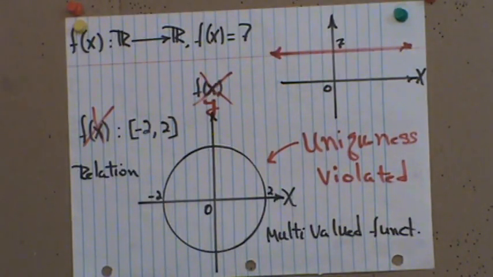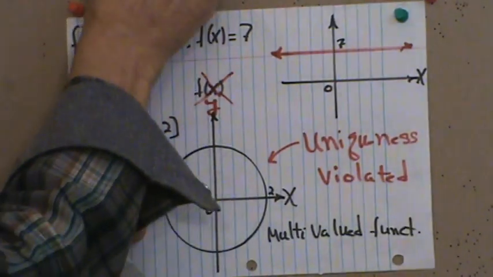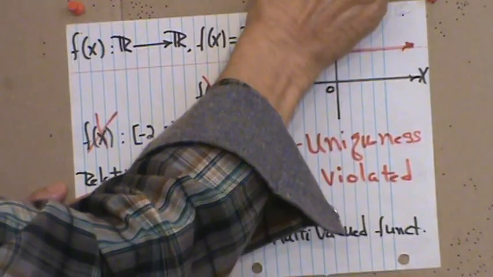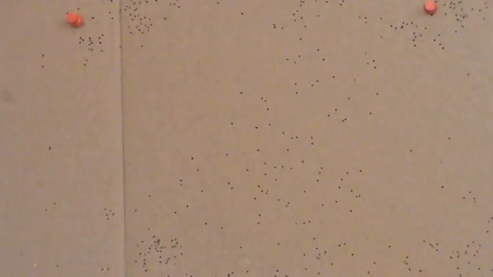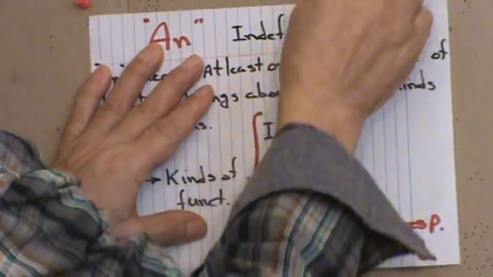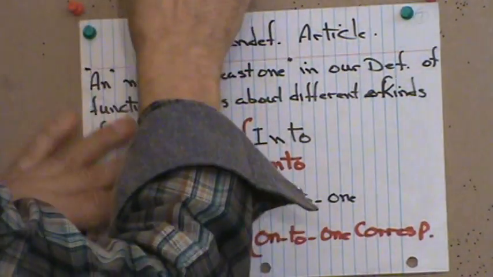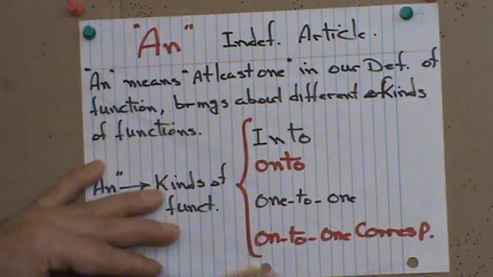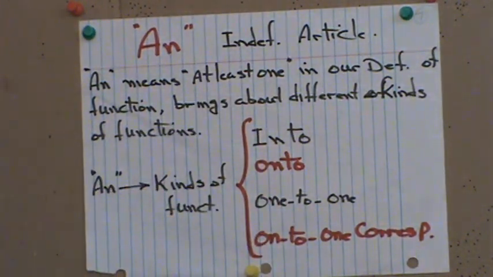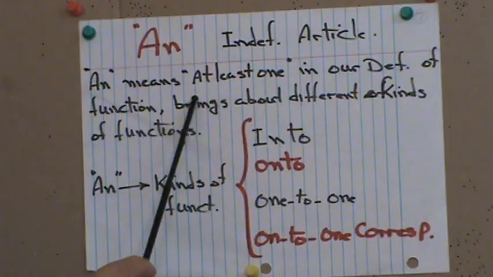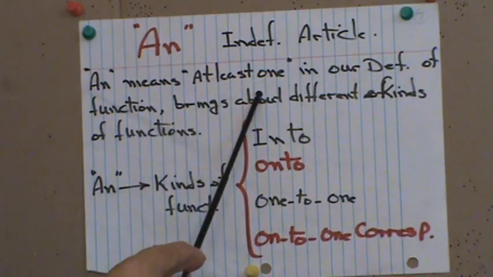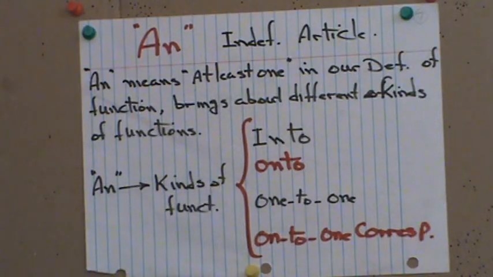Now let's look to see what the word "and" means, how we expand the word "and" in that definition. Indefinite article "and." What role does that one play? I have written like that. So, "and" means at least one in our definition of a function.